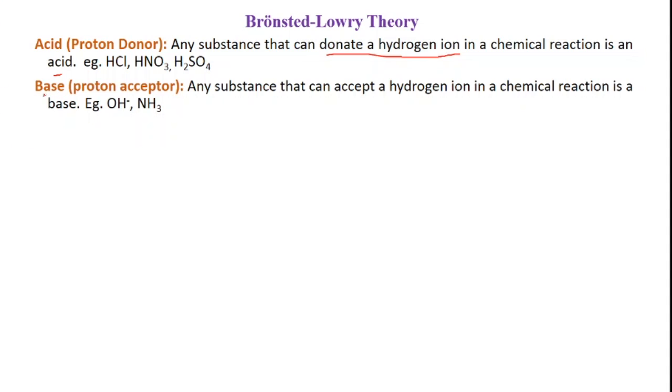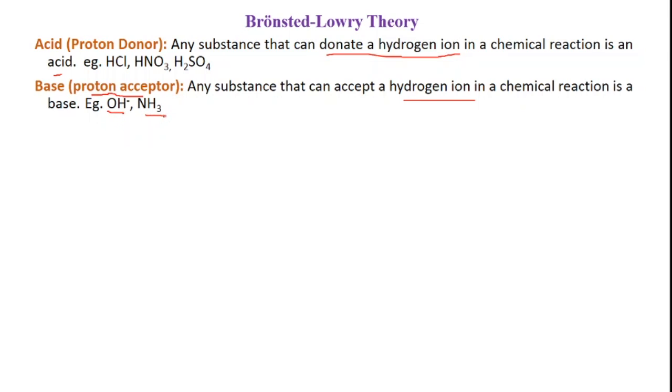And according to Bronsted theory, a base is considered a proton acceptor. That means any substance that can accept a hydrogen ion in a chemical reaction is called a base. Example, OH minus, because it can accept a proton.